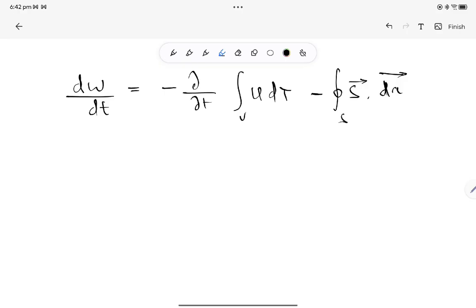So this is another way one can look at Poynting theorem. We will talk more about Poynting theorem in our subsequent lectures, but for the present this is enough, and we finish this lecture right at this stage.